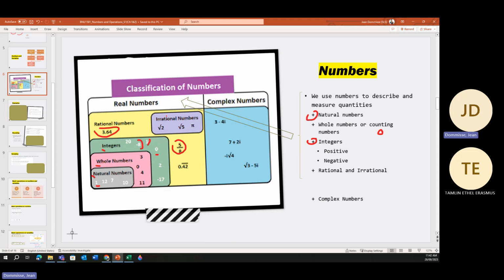An irrational number is one where, if you put it in your calculator and you don't round the number off, you will see it just goes on. So the square root of 2 will be something like 1 point, and the rest just goes on.